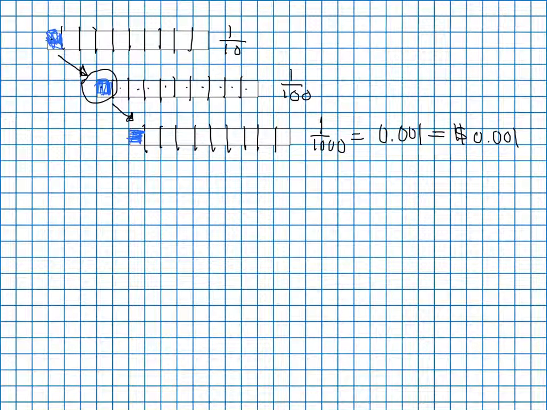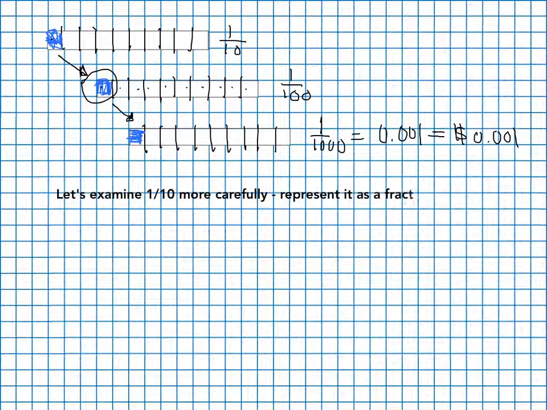Now, the other thing I want you to look at is we're going to examine 1/10 more carefully. I'm just going to type that out so we know. Let's examine 1/10 more carefully, and let's represent it as a fraction and a decimal.